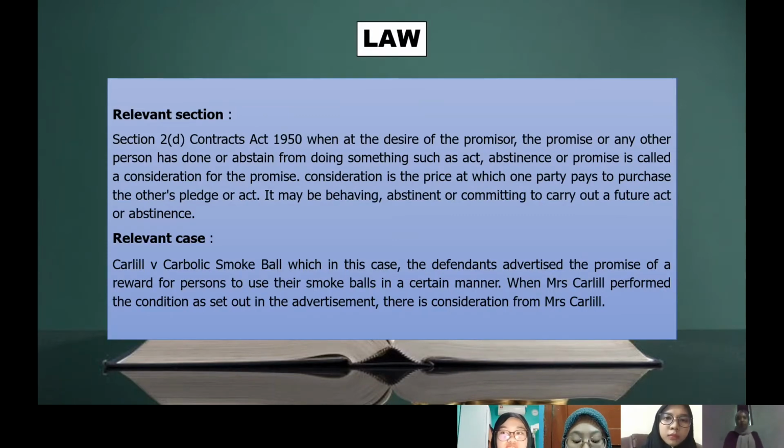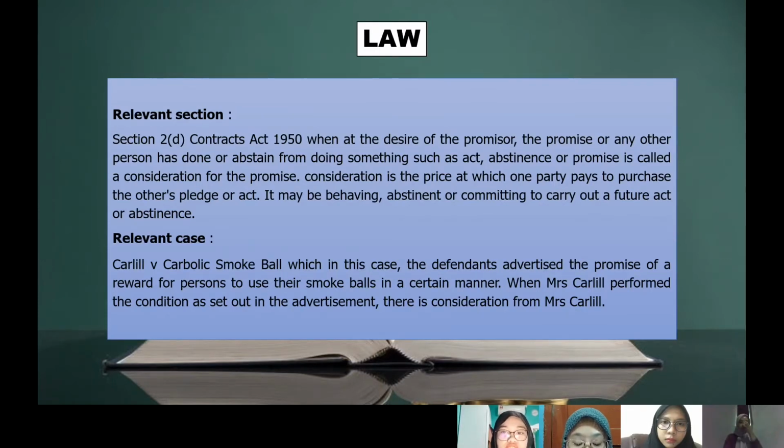Consideration is the price at which one party pays to purchase the other's pledge or act. It may be behaving, abstaining, or committing to carry out a future act or abstinence.